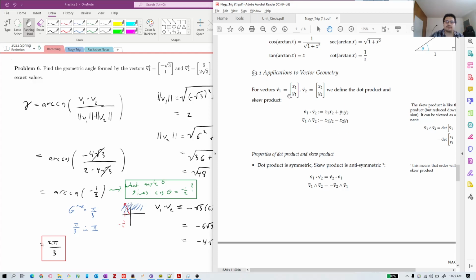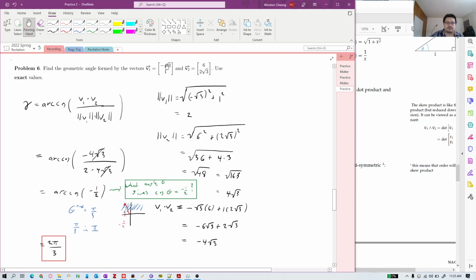So v1 and v2 are these two things. This is kind of the standard convention. You have the x-coordinate, y-coordinate, and vector 1 has just subscripts of 1, vector 2 has subscripts of 2, and so the dot product is you just multiply the x's, multiply the y's, add them together.